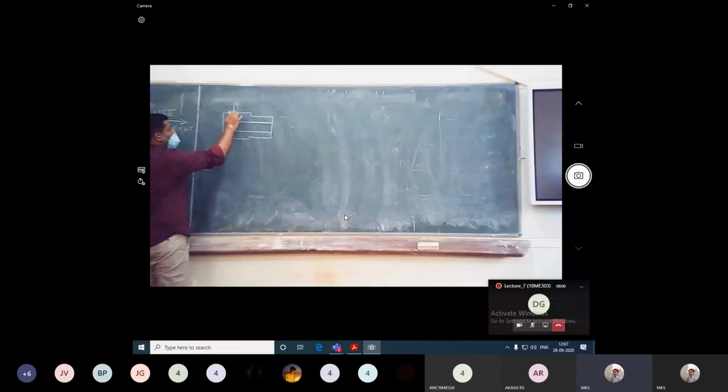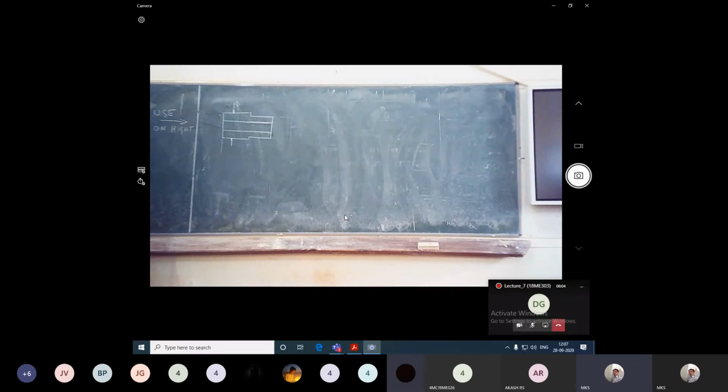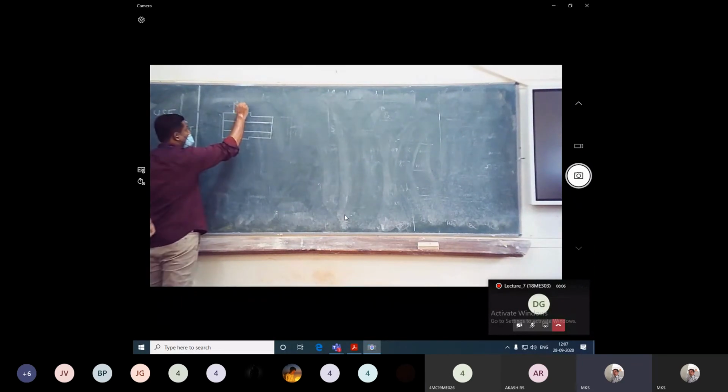What is the diameter? 140 mm. It is 140 mm, for the length of how much? For the length of 4 meters. 4 meter length, diameter 140.